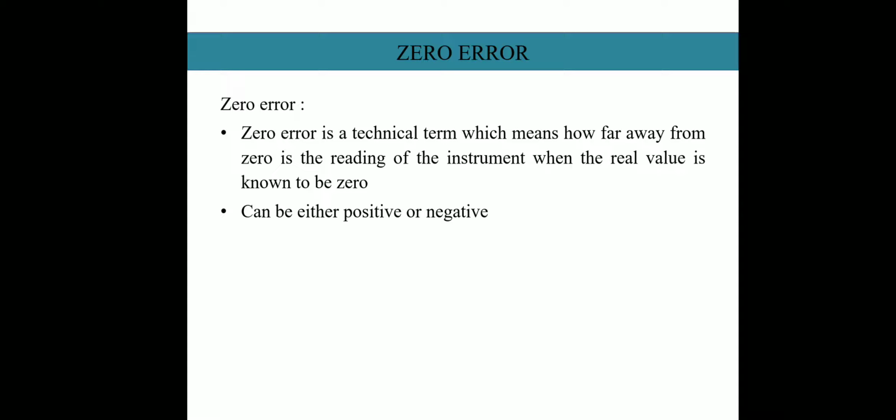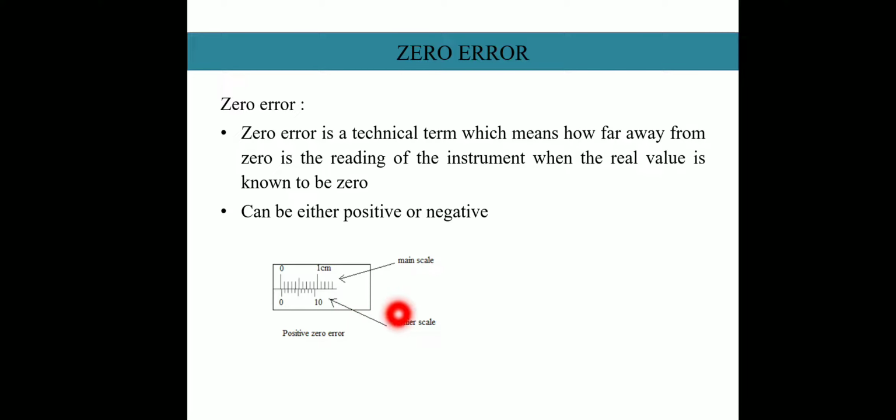So what is zero error? First of all, let's say we have these two scales. In the laboratory we are going to use something called a vernier caliper. In this vernier caliper, what we do is we compare the upper scale, which is known as the main scale, and also the lower scale, which is known as the vernier scale, that we will see in the lab.